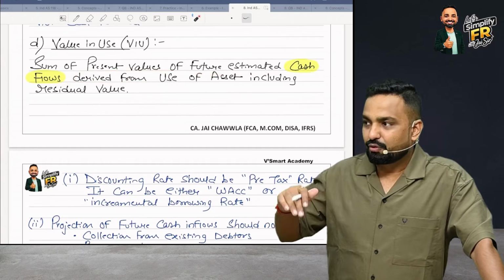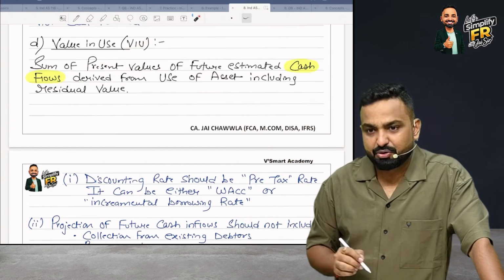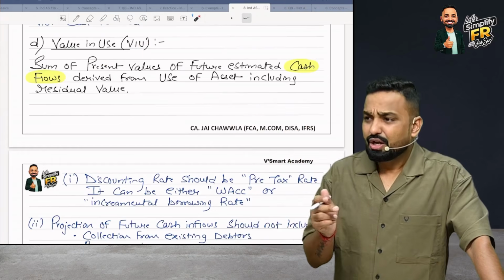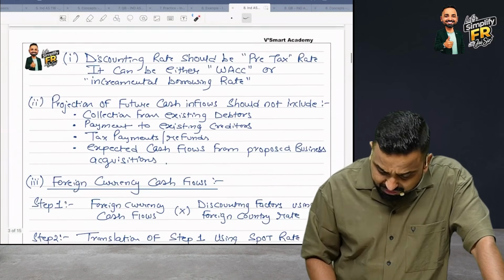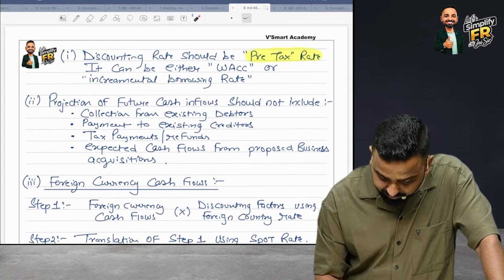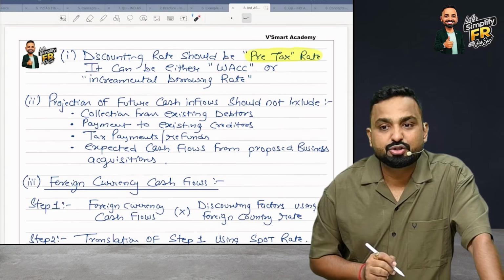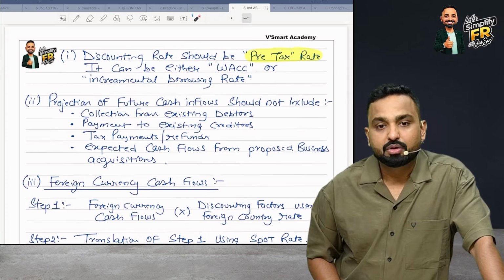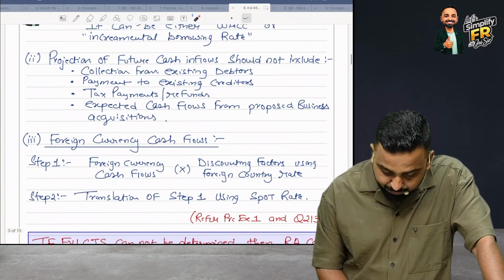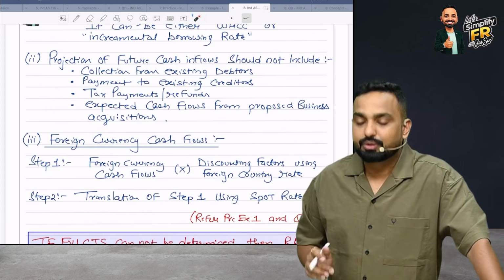What cash flows can we expect from the use of the asset? That is called the value in use if we take the present value with the discounting factor. Which discounting rate should be used? Pre-tax. And here also we have 2 options, either weighted average cost of capital or incremental borrowing rate. What are the cash flows we don't consider while calculating the present value?